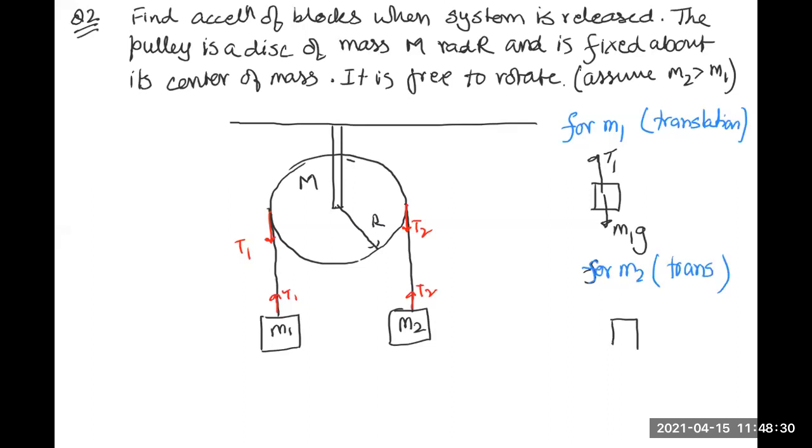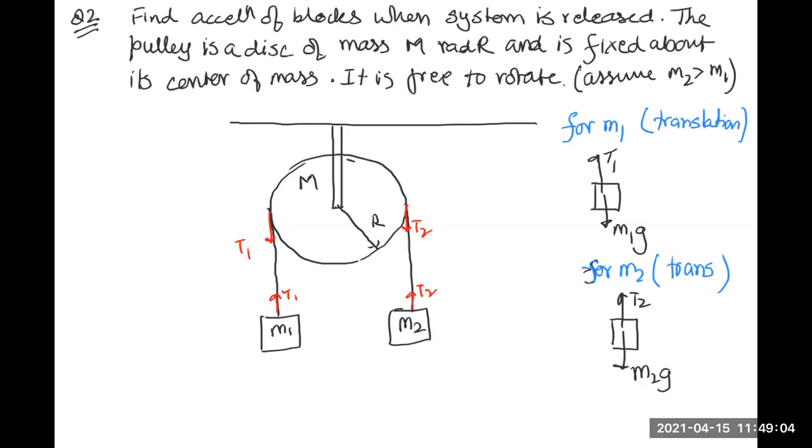So we will draw the FBD, M2g. हाँ बात मैंने केवल ये बताया कि M1, M2 are translating, right? And I can see in the given problem M1, M2 are translating. Therefore, I just draw the normal FBDs and I'm going to write F equals ma equations for them.